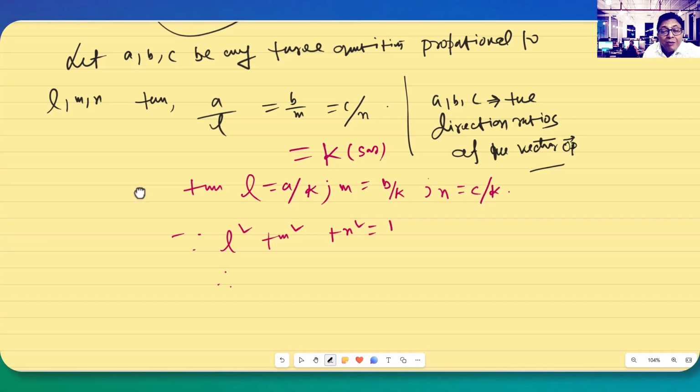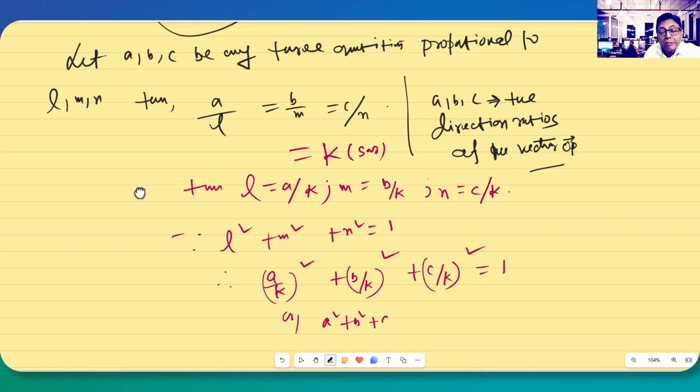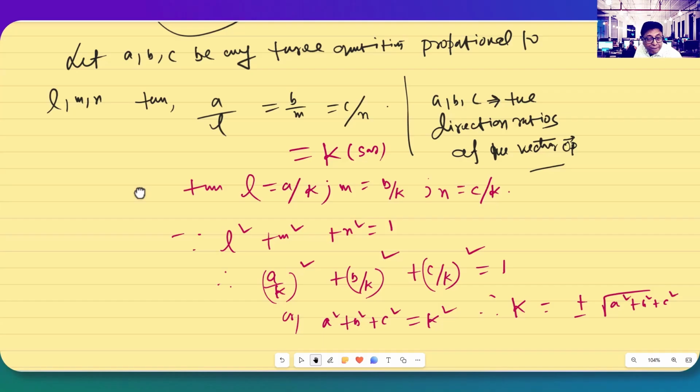Now L square plus M square plus N square is 1. So A by K whole square plus B by K whole square plus C by K whole square equals 1, so K is going to be plus minus under root A square plus B square plus C square.